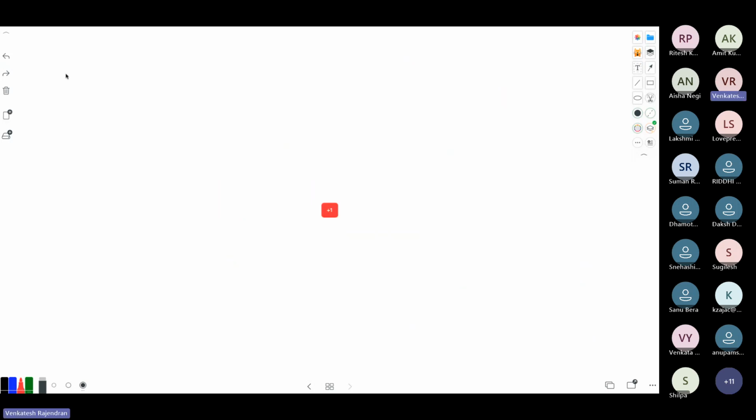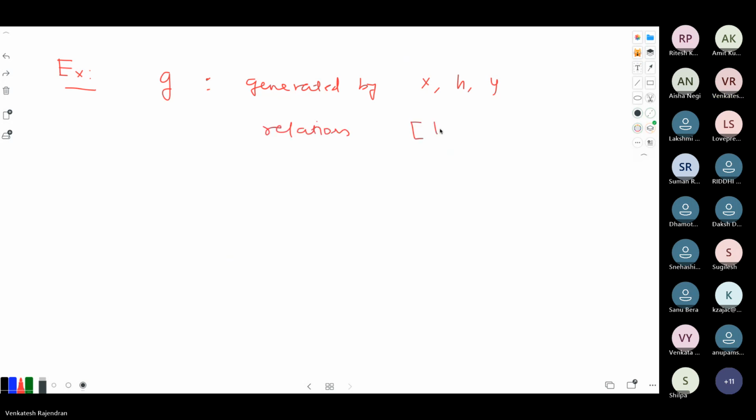So what is the exercise? Take the Lie algebra g defined as follows: generated by x, h, y, with the relations [h, x] = 2x, [h, y] = -2y.